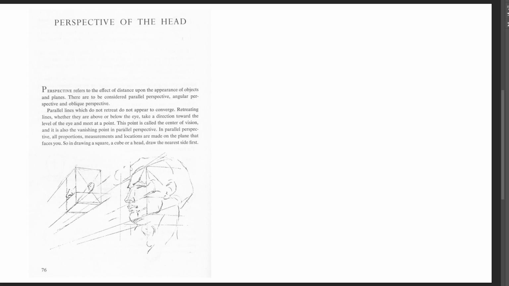In parallel perspective, all proportions, measurements, and locations are made on the plane that faces you. So in drawing a square, a cube, or a head, draw the nearest side first, which is his method. So the reason why the lines that he uses might start off in a different order is because he's drawing the surface that is facing closest to us.